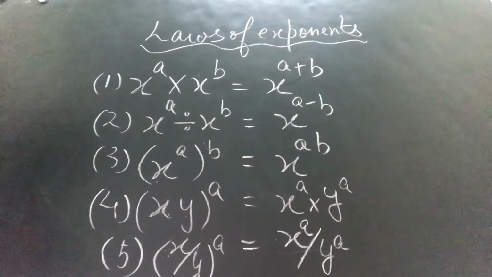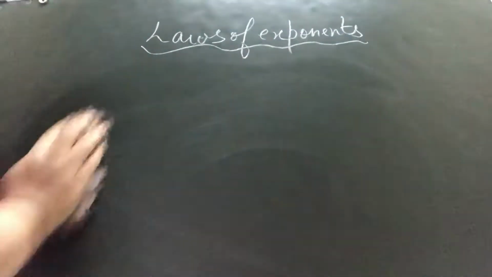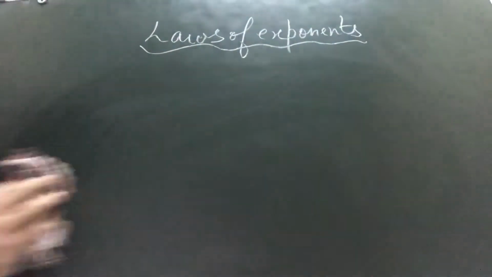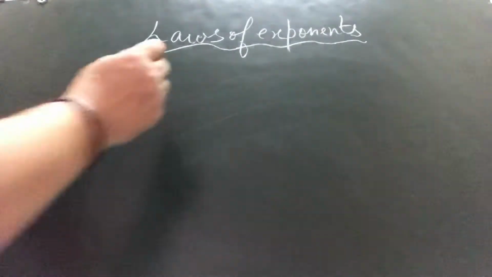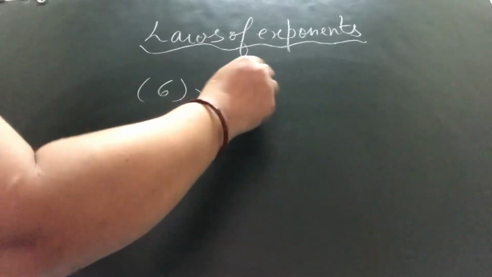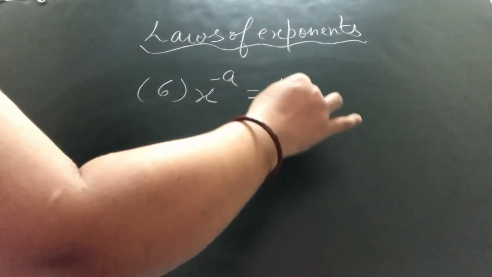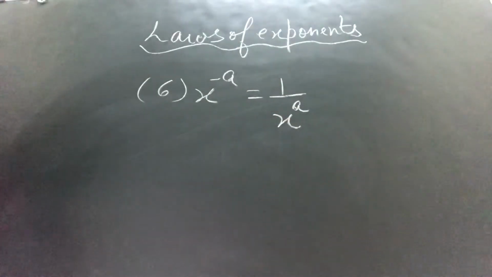And then sixth law is, if we have negative power and we want to make it positive, then you have to shift it in denominator, right?